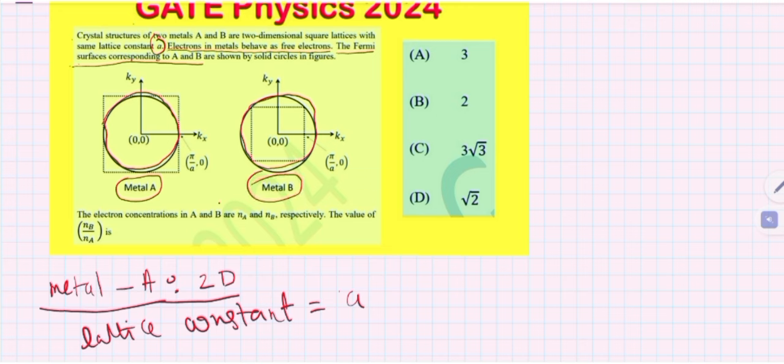They have also given the electron concentration of A and B. Metal A electron concentration is Na, and metal B electron concentration is Nb. Then we have to find the ratio between these two. That's what we have to do.